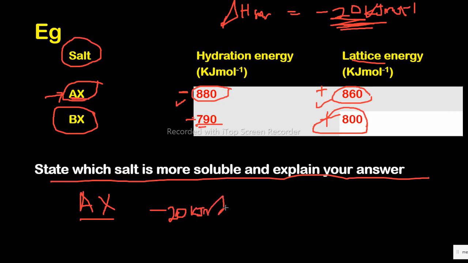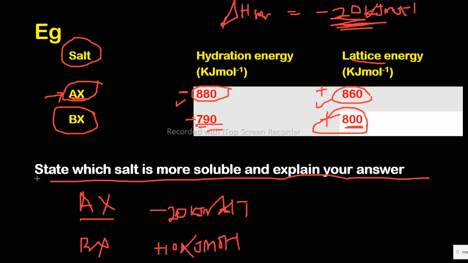But for salt BX, it's less soluble because its enthalpy is plus 10 kilojoules per mole, so it is less soluble compared to salt AX.